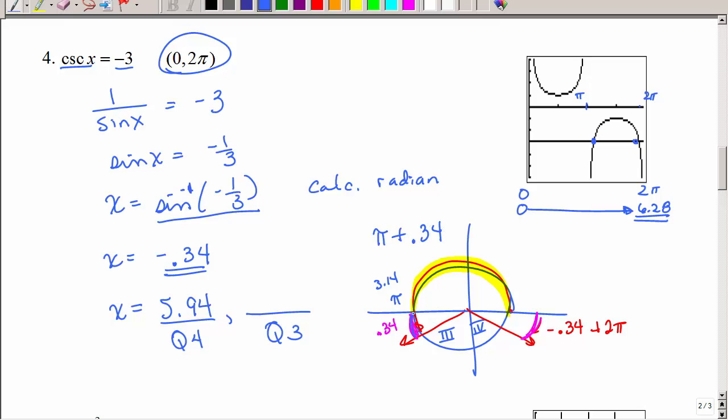Again, that's called a reference angle, and I need it all the way around plus that reference angle. And you should get about 3.48. And remember, pi is 3.14, again approximately, and so that is an answer in quadrant 3. And depending on if you're using your pi button or if you're punching in 3.14, your decimals may be just a little bit different, and that's okay.